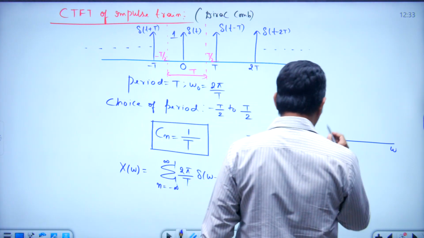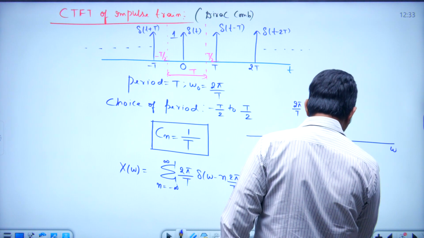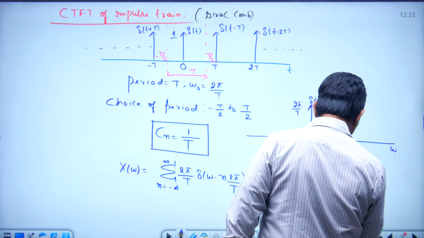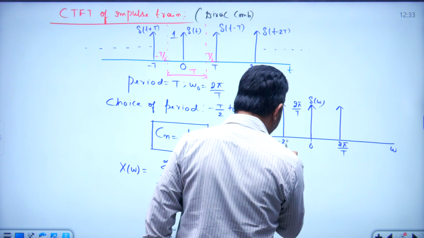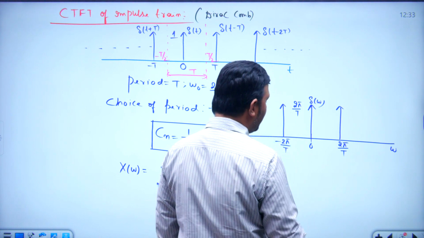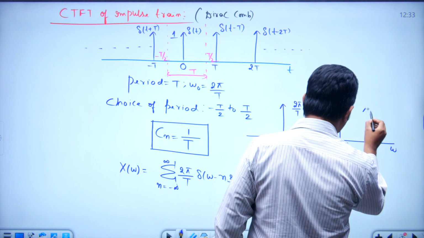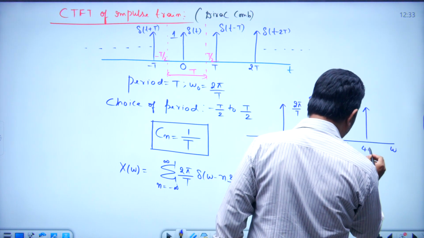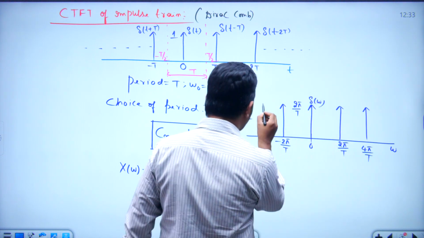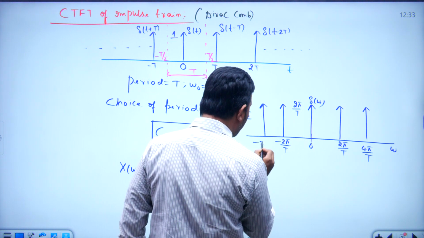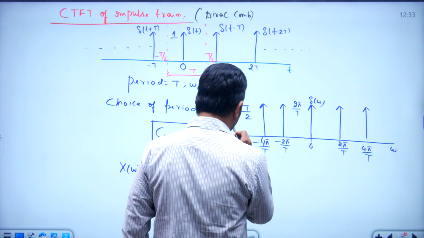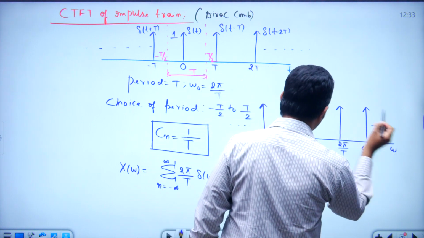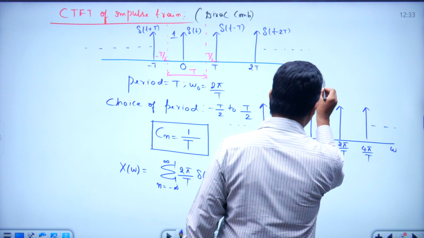Del of omega minus 2 pi by T. For n equal to minus 1, del of omega plus 2 pi by T. For n equal to 2, del of omega minus 4 pi by T. For minus 2, del of omega plus 4 pi by T, like this. So this is the Fourier transform we are going to get.